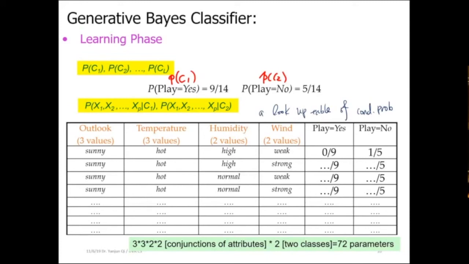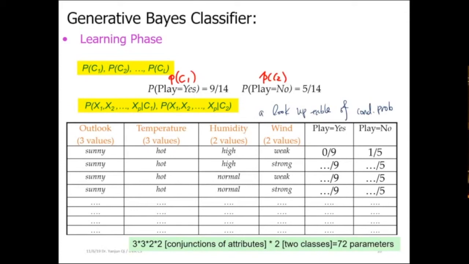So for this case, you just have weak, strong, with the high, and then you move the high to normal, and this has weak, strong. It's just enumeration of all the cases. And this is a lookup table of conditional probability. You get it by counting how many cases this combination exists.